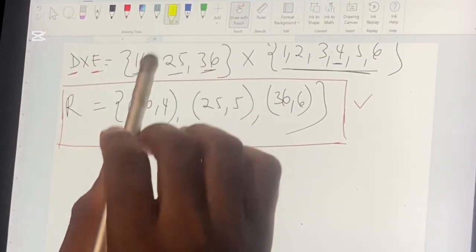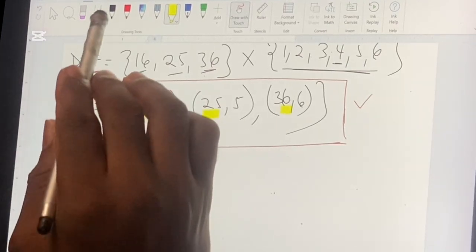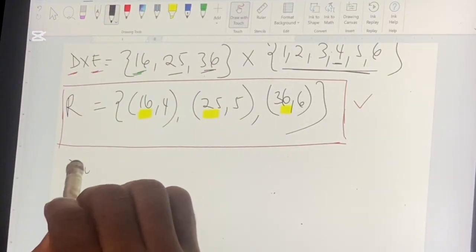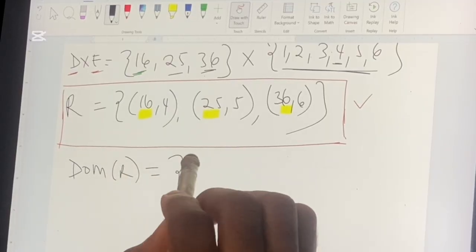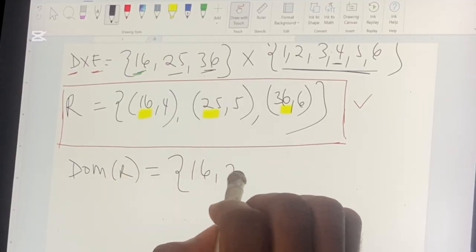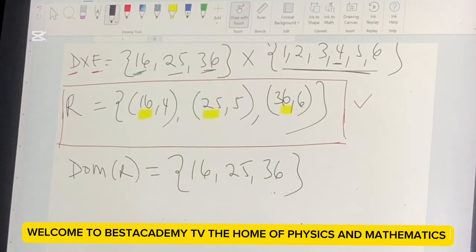These are the first elements here: 16, 25, 36. So the domain of this relation will be equal to 16, 25, 36. Please take note. So this is my answer.